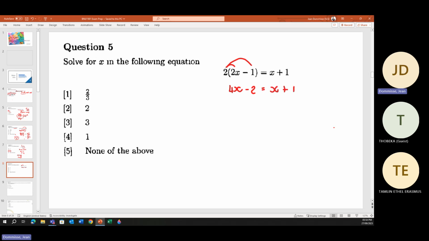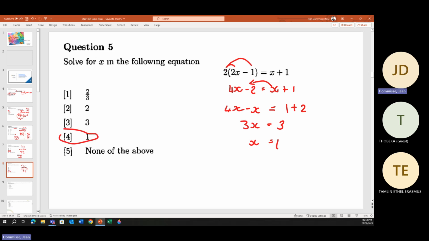So again, like the previous one, I want to bring all the x's to my left-hand side. On this side, it will be 4x minus x, and on the other side, it will be 1 plus 2. So then we'll get 3x is equal to 3, and x is equal to 1.